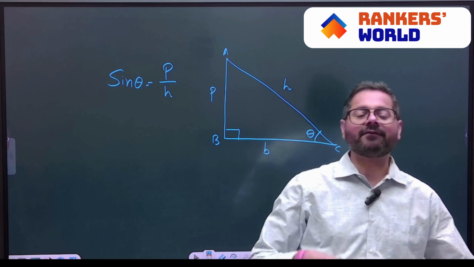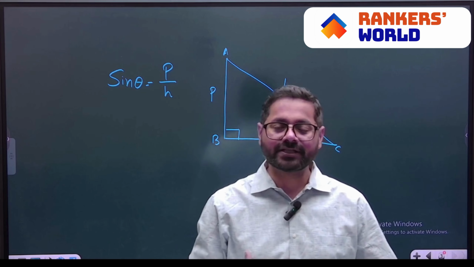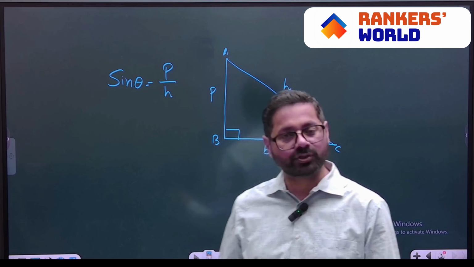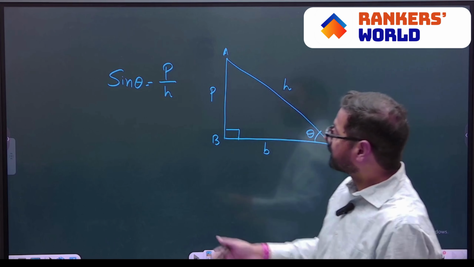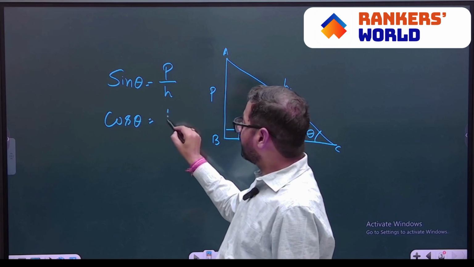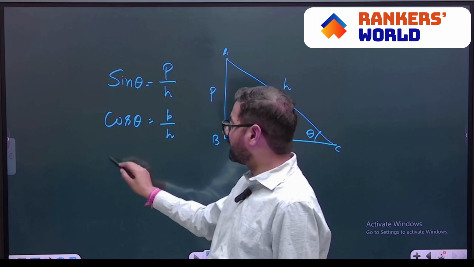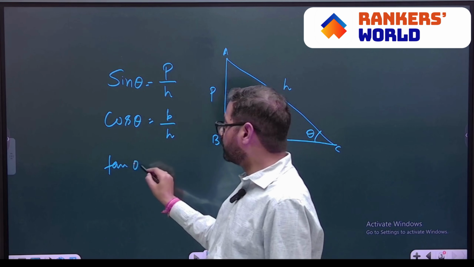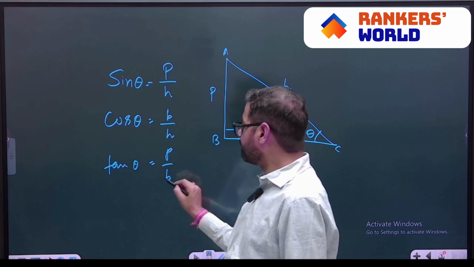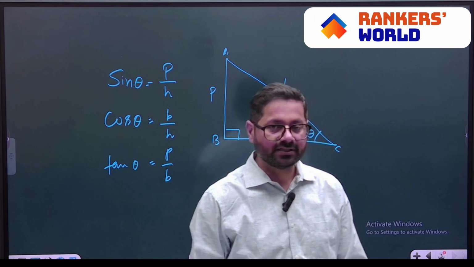So he came up with a hypothesis and then tried to incorporate it into a right angle triangle, which was the simplest of it. Then it says, okay, can you extend to cos theta? Can you go up to tan theta, which is P by B? We use it as it is.